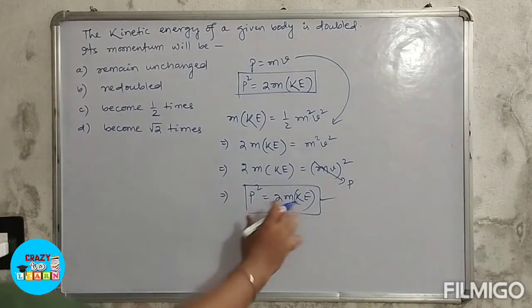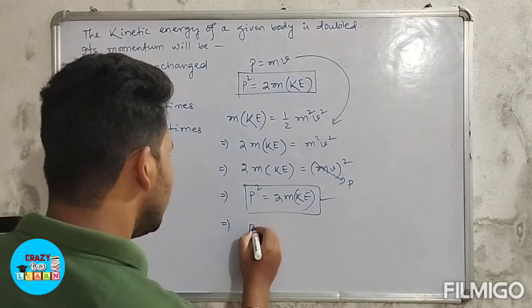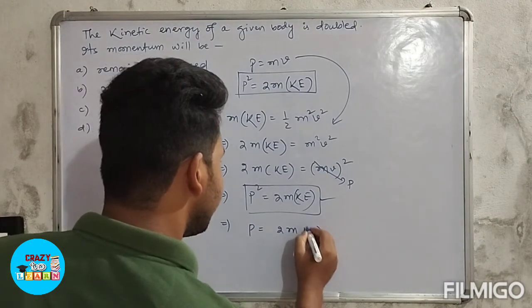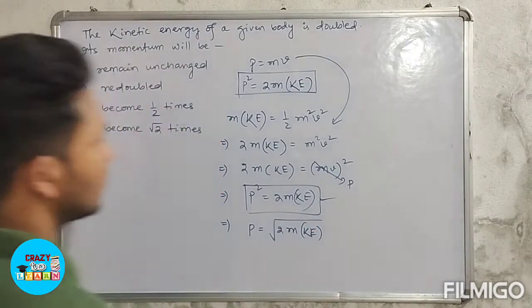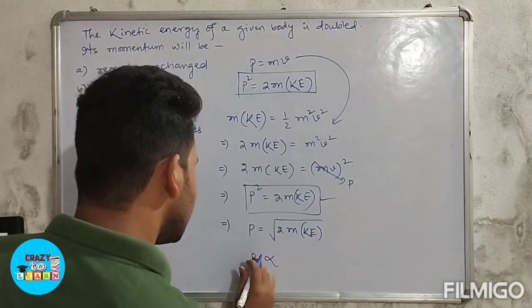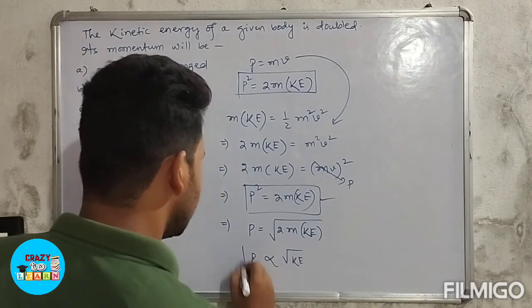So from this relation, what are we getting? P square is equal to 2m kinetic energy, so p is equal to square root of 2m kinetic energy. Okay, so p is proportional to square root of kinetic energy. Yes or no?